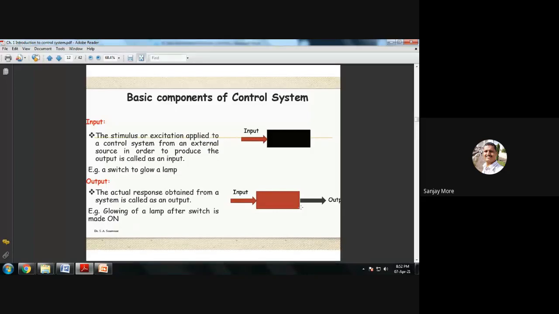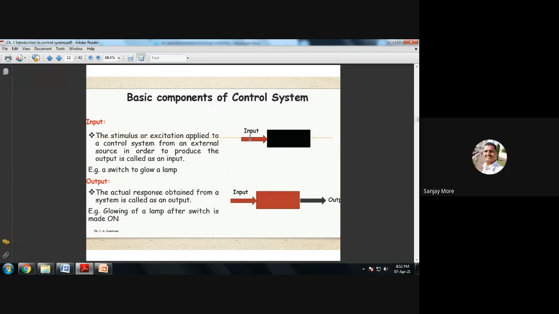For example, a switch to glow a lamp. Also draw this block diagram.